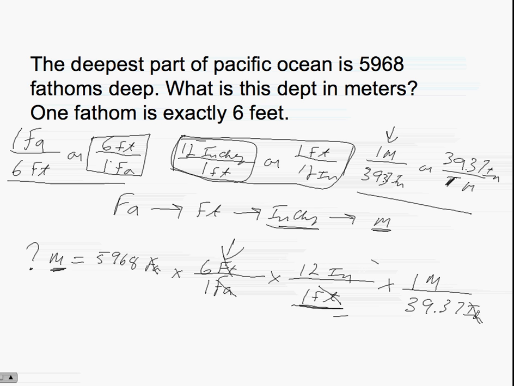Inches cancel out. So we have 5,968 times 6 times 12 times 1 divided by 39.37.